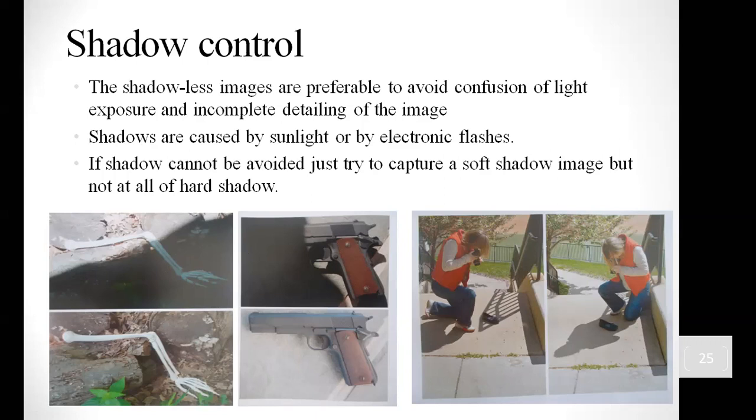So what we can do is either remove the object and let the light fall onto the subject, or, if it is not removable, use additional sources of light from the other side.